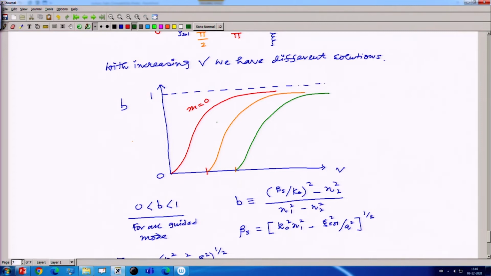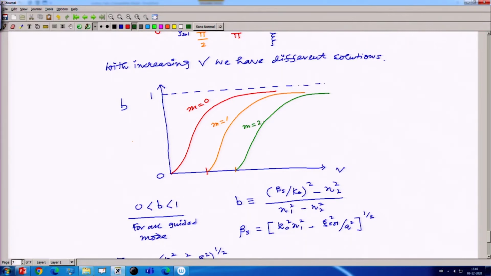So, this is for m equal to, okay, I should put the same color in order to reduce the confusion. So, let us put m equal to 1, and this is for m equal to 2, and so on.